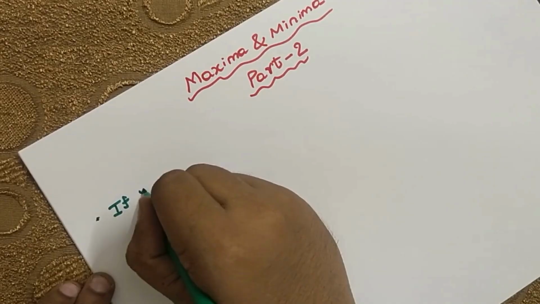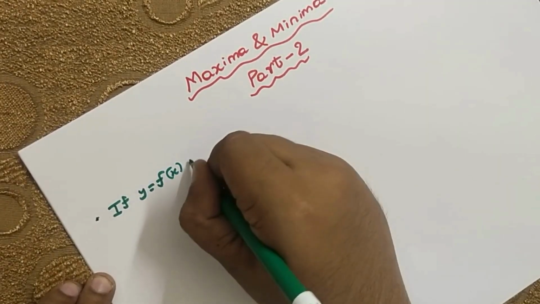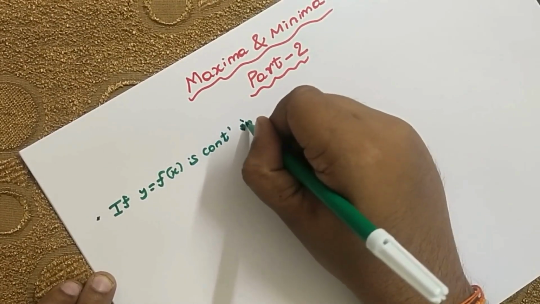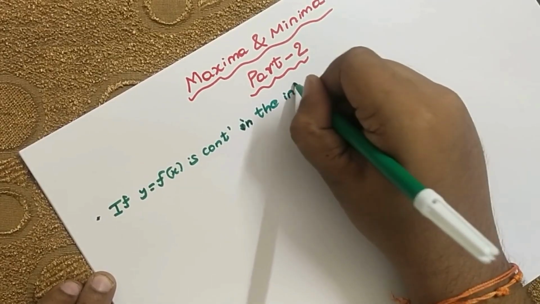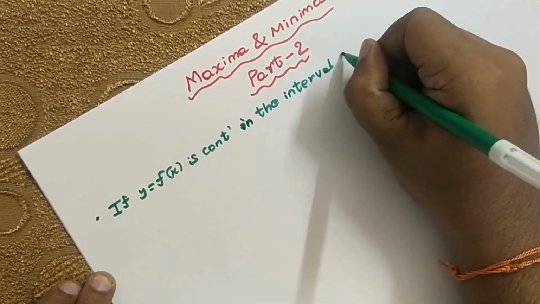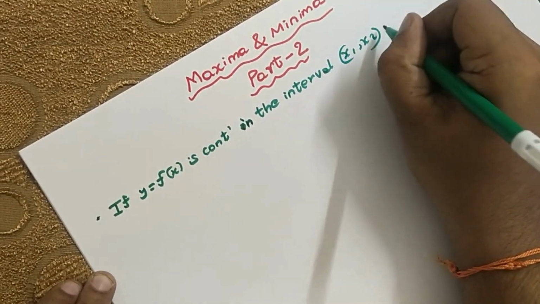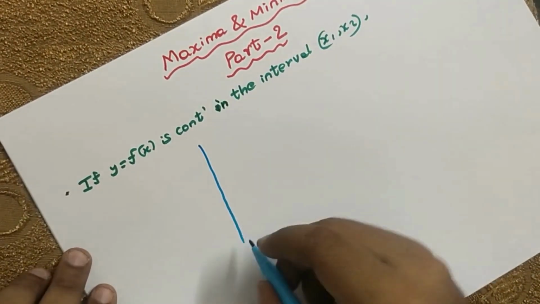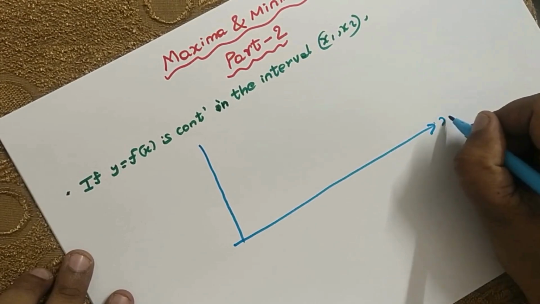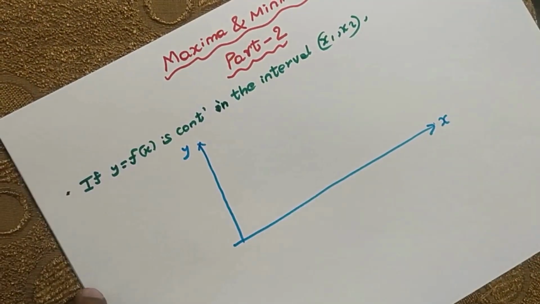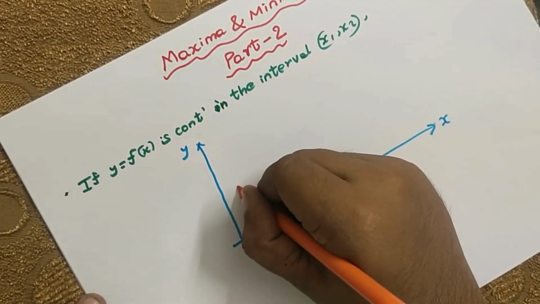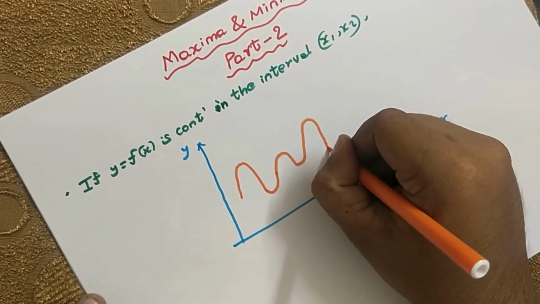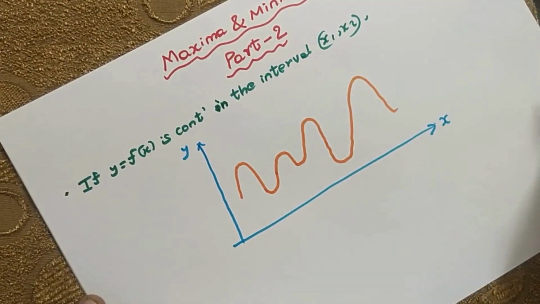If y is equal to f(x) is continuous in the interval x1 comma x2, let's say, and let's make the graph like this. This is the x axis, this is the y axis. Let's assume the graph is like this.